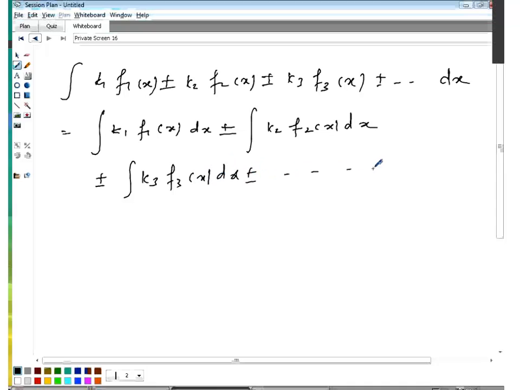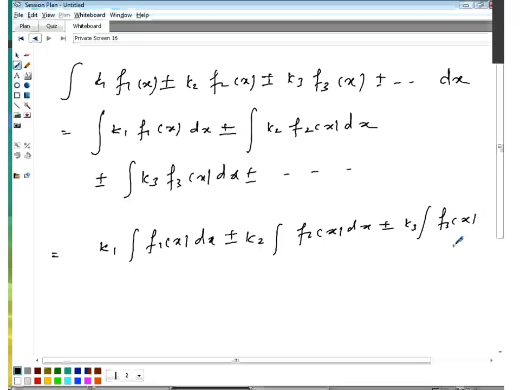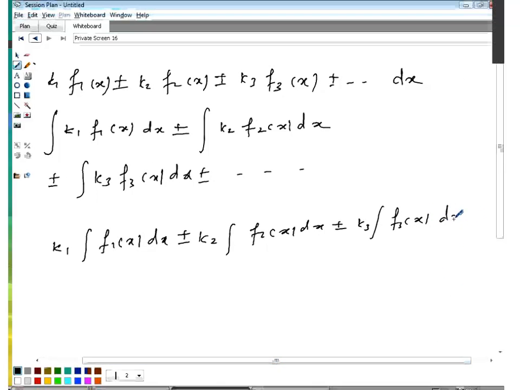On and on and on. And then we can take these constants out from another theorem that we have discussed. If you have any questions, let me know.